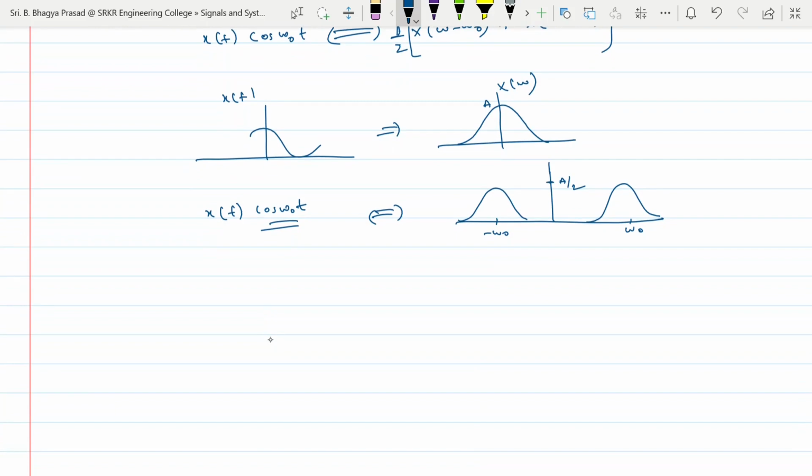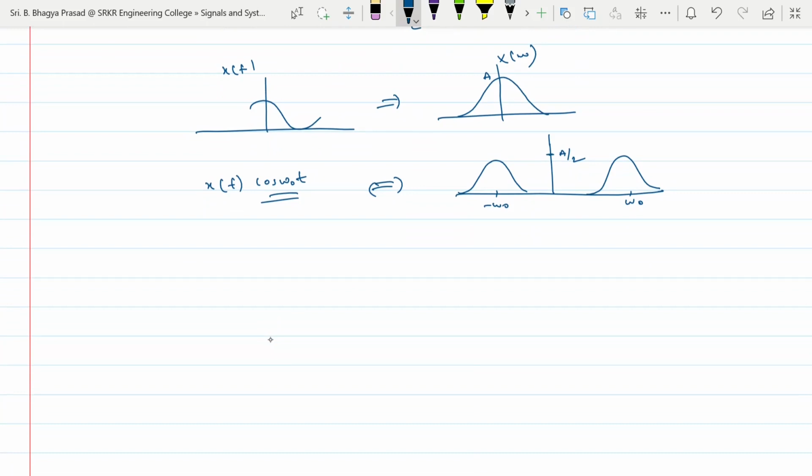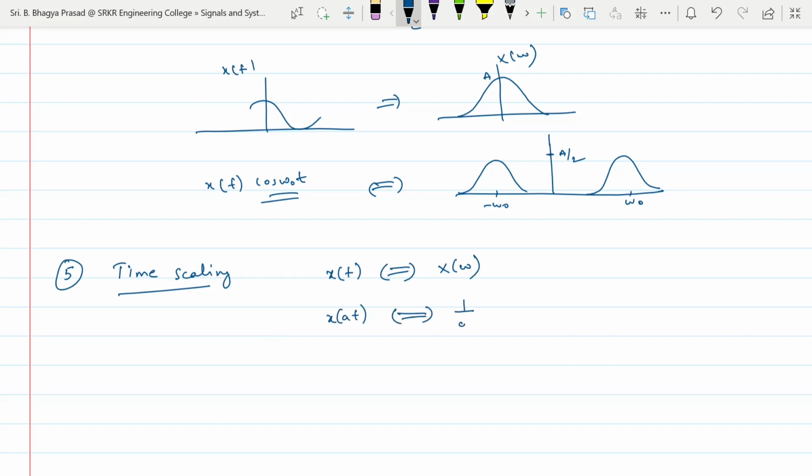So next property, time scaling, the fifth one. Time scaling property: x of t has Fourier transform x of omega; for x of at, the Fourier transform will be 1 by mod a times x of omega by a, provided that a is greater than 0.